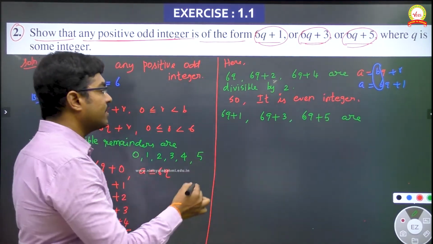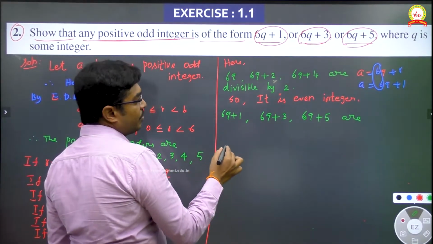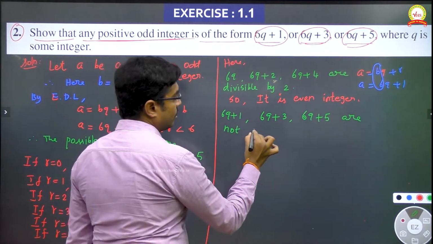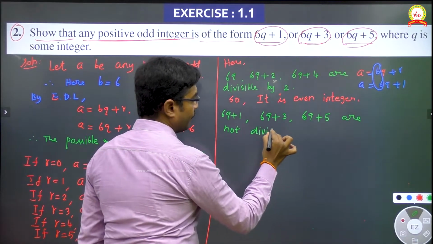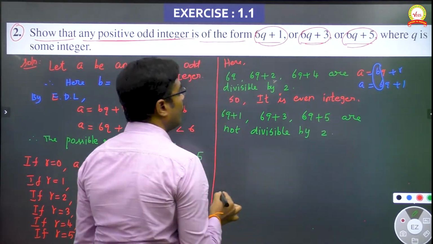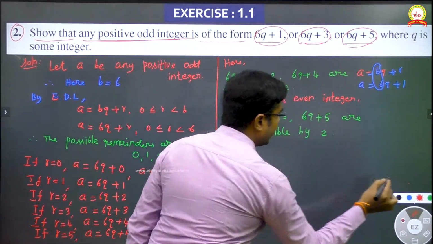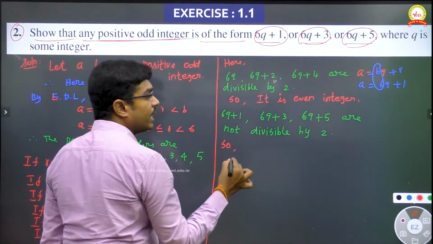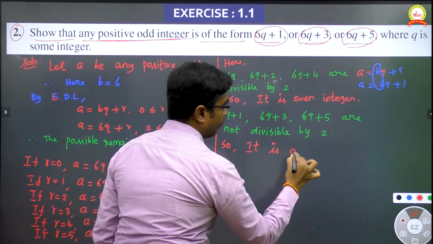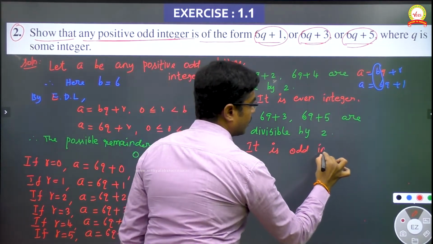So definitely we will say they are not divisible by 2. So we say it is not an even number, it is an odd number, an odd integer.